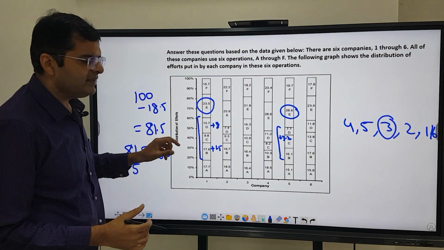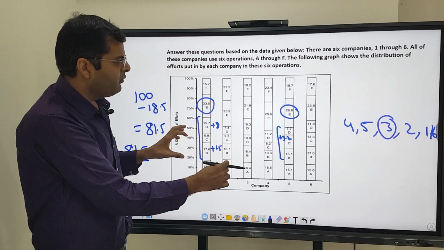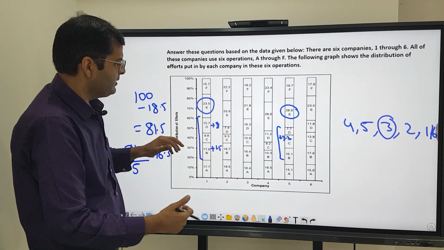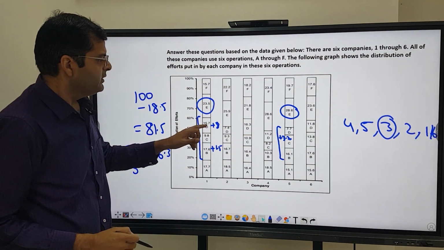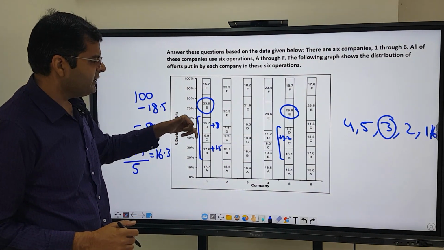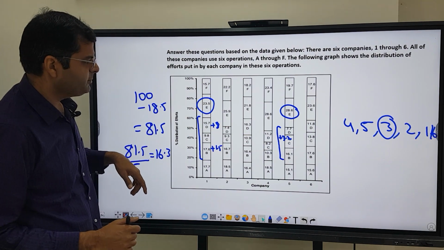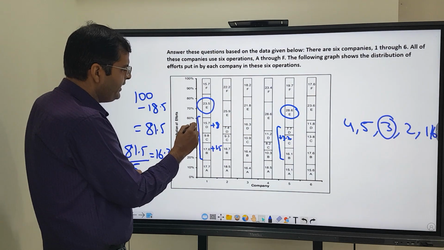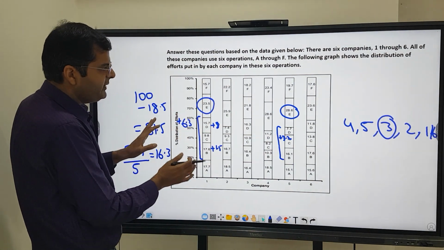Why am I taking the gaps? Because I will see cumulatively what is the difference of addition taking place. Here it is 9.5 and here it is 3.2. If I deduct 3.2 from 9.5, 9.5 minus 3 is 6.5, and 6.5 minus 0.2 is 6.3. So cumulatively 6.3 will be added, but it will be redistributed.